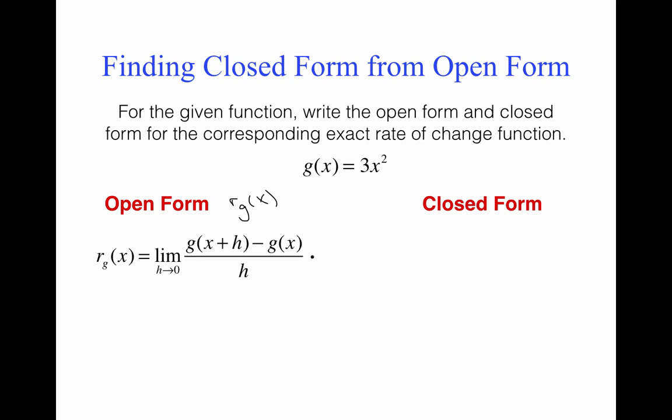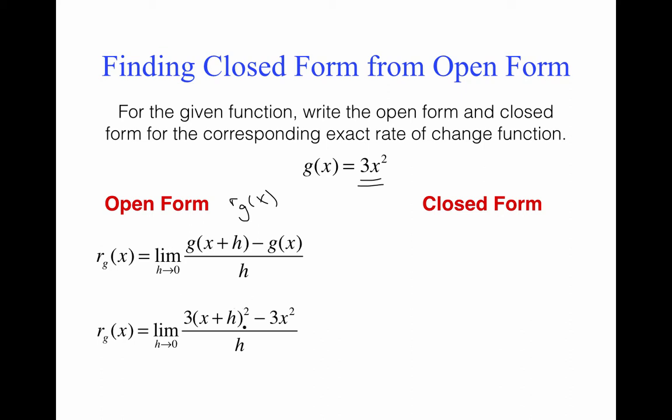is, by definition, the generic form of the definition where now I'm looking at the rate of change of g. So I've got g's here, because that's the function that I'm looking for its rate of change function. And now when I actually use the fact that I have the rule for g of x, then I can figure out what is g of x plus h.